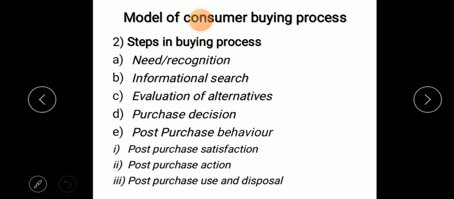Generally, steps in buying process are put into these five steps. First is need recognition. Whenever we study the buying process, it starts with the buyer recognizing a problem or a need. For example, suppose you're watching a movie and suddenly an ad comes up of Coca-Cola, you feel thirsty.